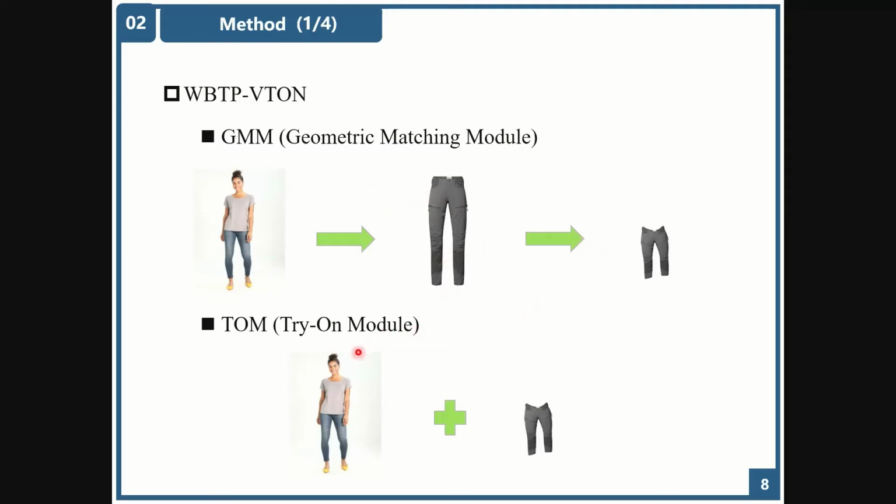And the other is the try-on module, called TOM, which combines the GMM result and the person image, and finally gets the try-on images.